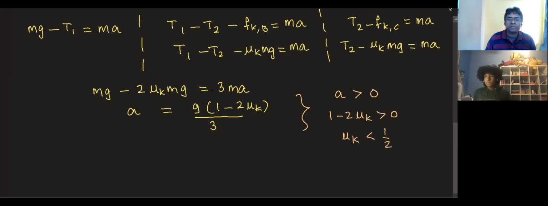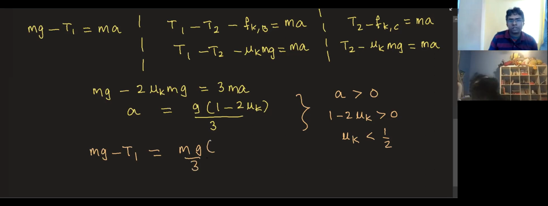Now, once we have this, assuming that A is going down, we can substitute in the first equation to get T1. So I have mg minus T1 is equal to mg by 3 into (1 minus 2 mu k).